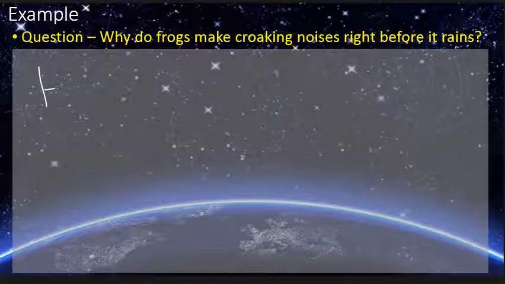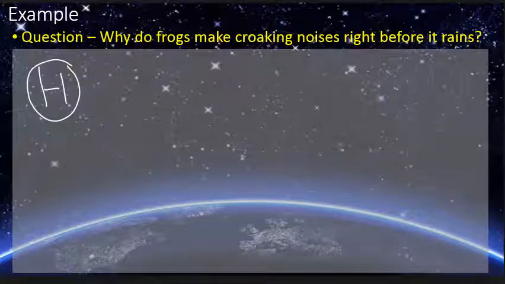I taught myself some shortcuts because I took a lot of notes in my lifetime, and I taught myself that a capital H with a circle around it stands for hypothesis, so I don't have to write that big word out. So my hypothesis is going to be changing humidity.